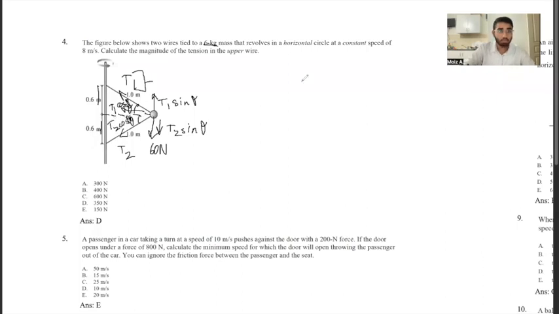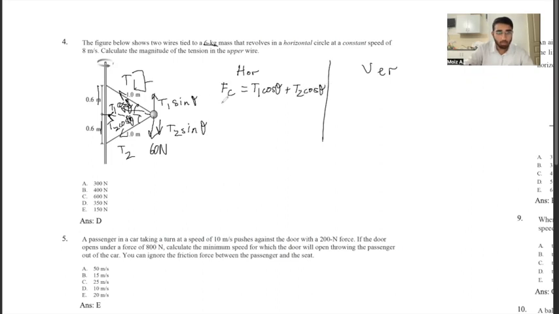All right, so what are the two equations going to be for horizontal and vertical? Horizontal: the centripetal force is going inwards to the pole. So Fc equals T1 cos theta plus T2 cos theta.